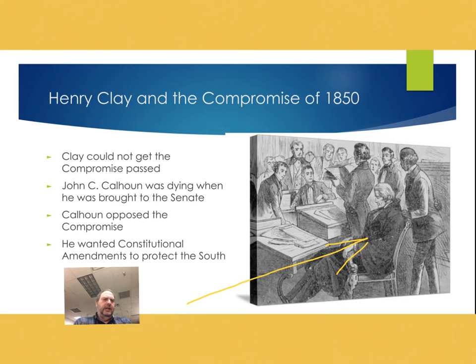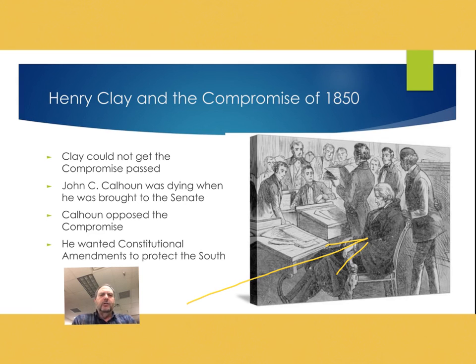He was a sick and dying man in 1850. He worked on his own idea of a compromise, and here we see his compromise thoughts being read to the Senate. He was so sick that he couldn't stand up and read his ideas. He had to have somebody do that for him.